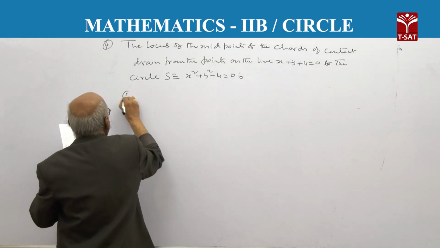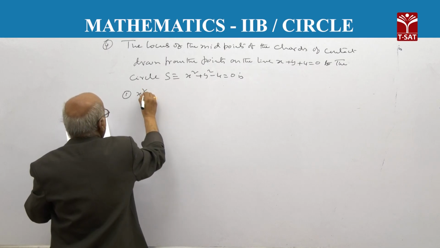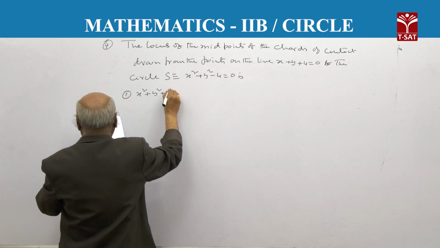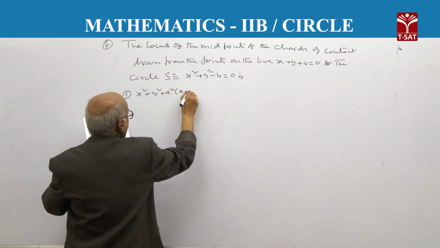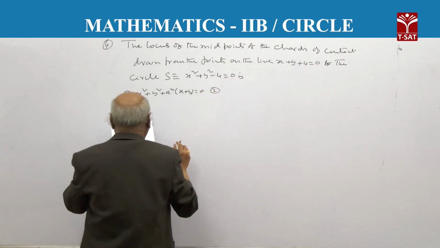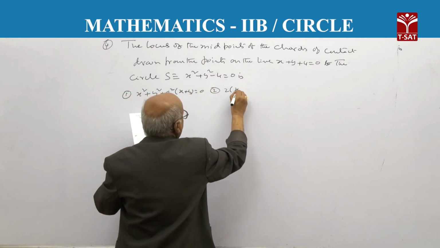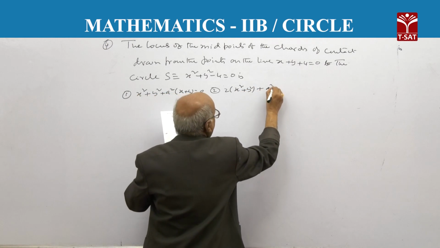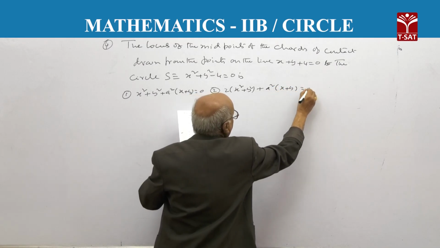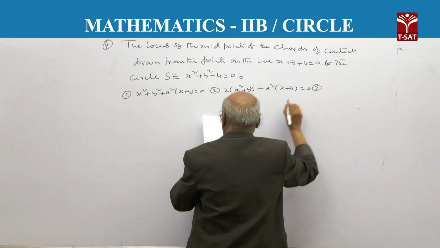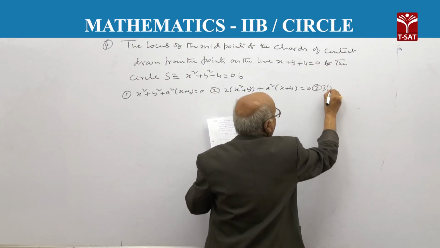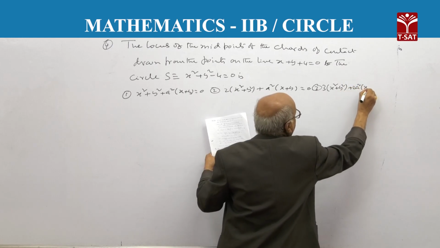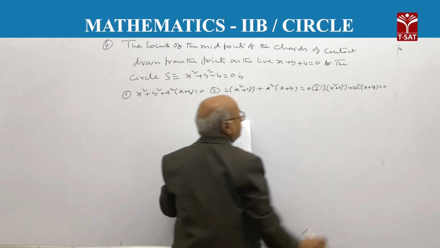1. x square plus y square plus a square into x plus y is equal to 0. 2. 2 into x square plus y square plus a square into x plus y equal to 0. 3. 3 into x square plus y square plus 2a square into x plus y is equal to 0.